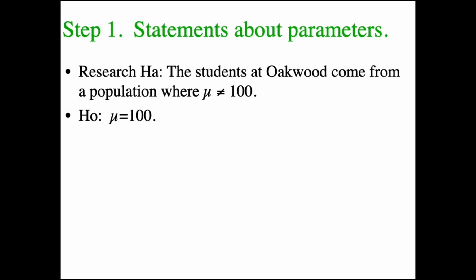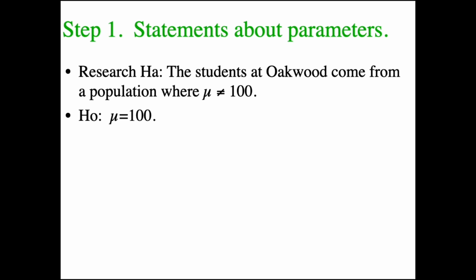We're basically setting up our null and our alternative hypothesis. Our research alternative hypothesis, the one that Kirsty would like to show, is that the students at Oakwood come from a population where mu is not 100. That's what they'd like to think is going on here. They think that there's something different about their students, that they don't have a mean of 100 in their population.